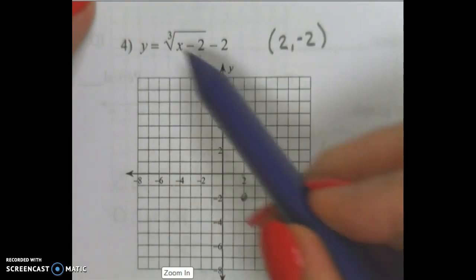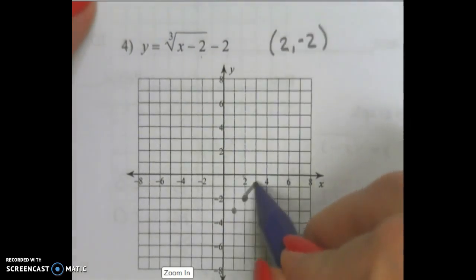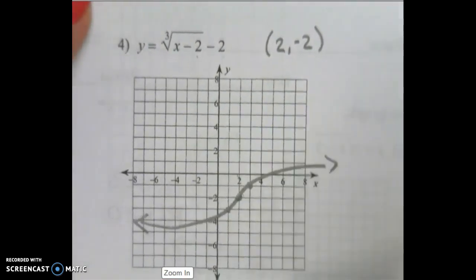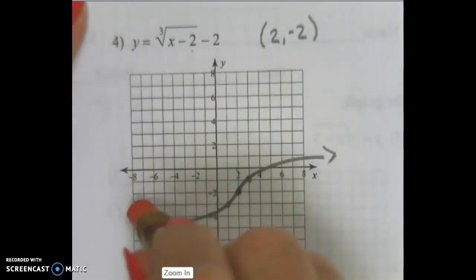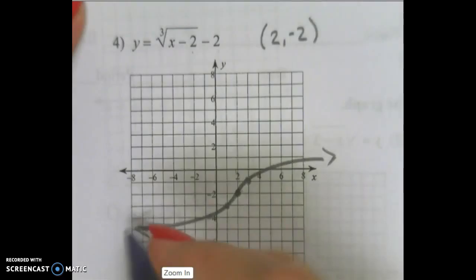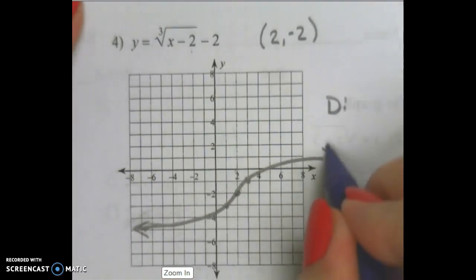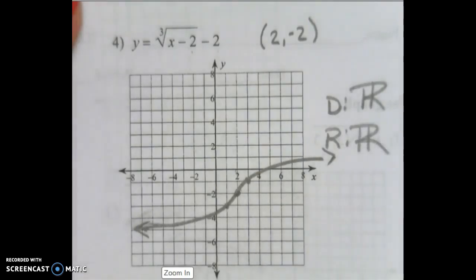That's where the wiggle occurs, since this is a 1 in each direction. Oh, that didn't need to come back up, sorry. There we go. Make that look a little better. Alright, so my domain and range for cubed root problems are both all real numbers.